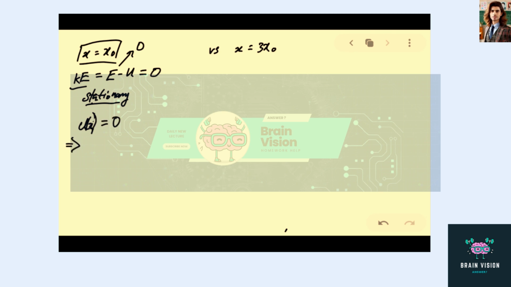There is only one solution for this equation of u(x), and that is x equals x naught. Basically, what it tells us is that if it's released from x naught, it will travel on infinitely without any stopping point on the right. So it will travel towards the positive x direction infinitely.